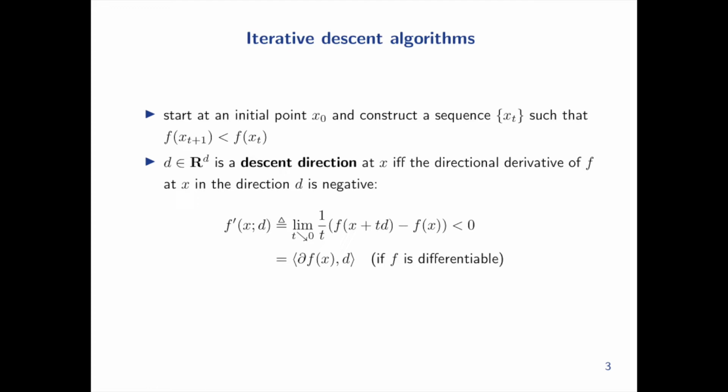Well, generally what they do is they start at some initial point, and this is a point that the algorithm has to be told. So this is part of the input that the user has to provide. And what it tries to do is improve on the initial point. It doesn't try to get straight to the minimum, but it tries to reduce the cost or the objective value of this initial point to get a new point.